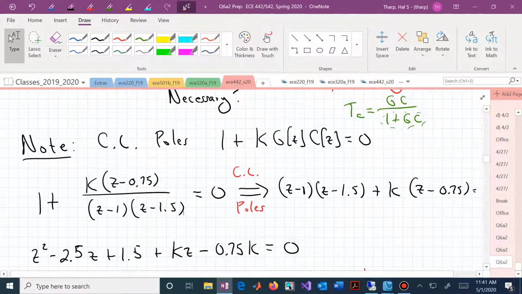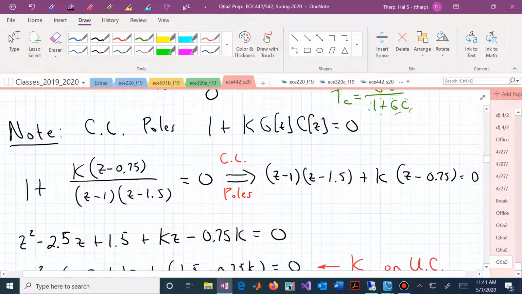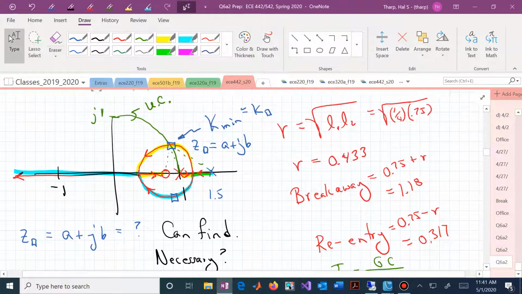Well, we can distribute or multiply all of this out, and we end up then with a quadratic. We have an unknown linear factor that's a function of k. We have an unknown constant factor, but on the unit circle, which is where we first encounter the unit circle at k min, we know that the magnitude of a plus jb is equal to 1.